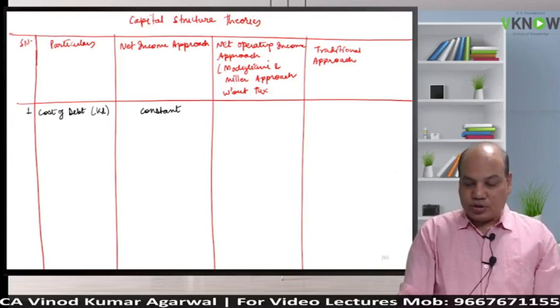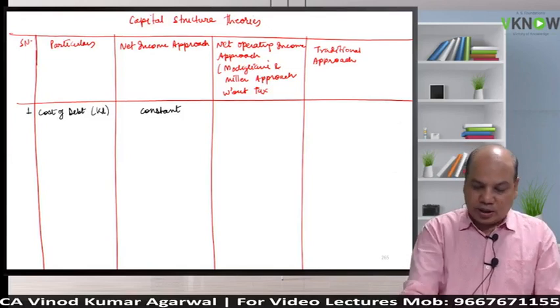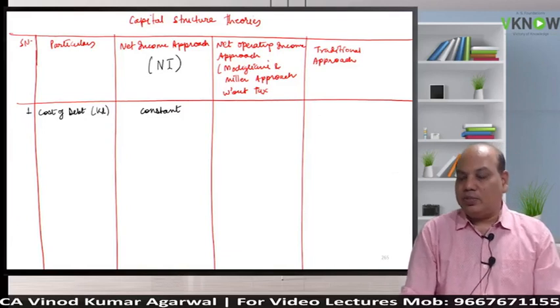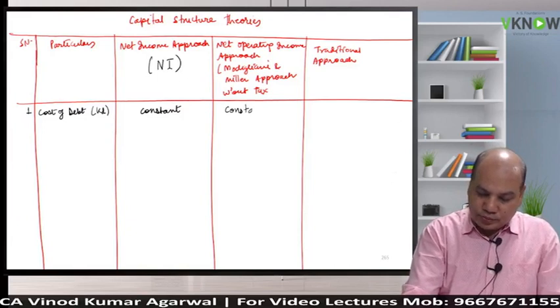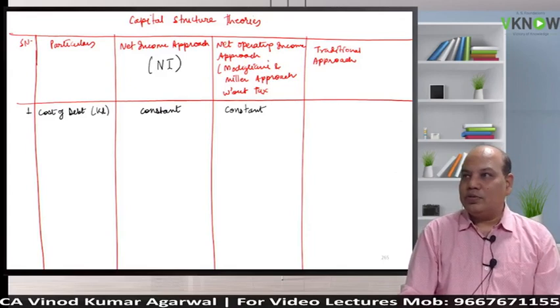So in the process they are making some assumptions. As per NI approach, KD will remain constant. As per NOI approach or M&M approach, KD remains constant.